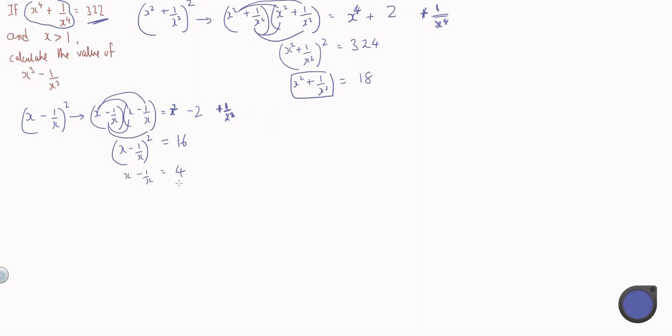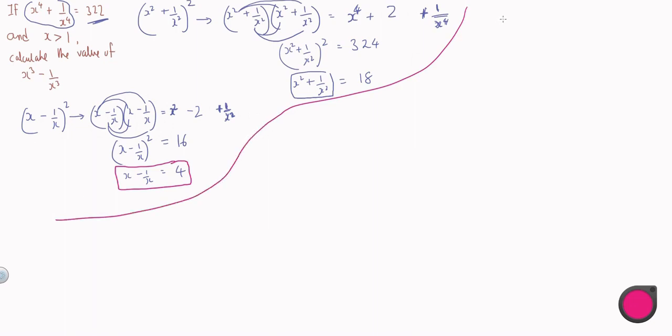Now what I'm going to do is cube both sides. The effect of that you'll see later on. Right, so let's cube both sides then. Four cubed is 64.